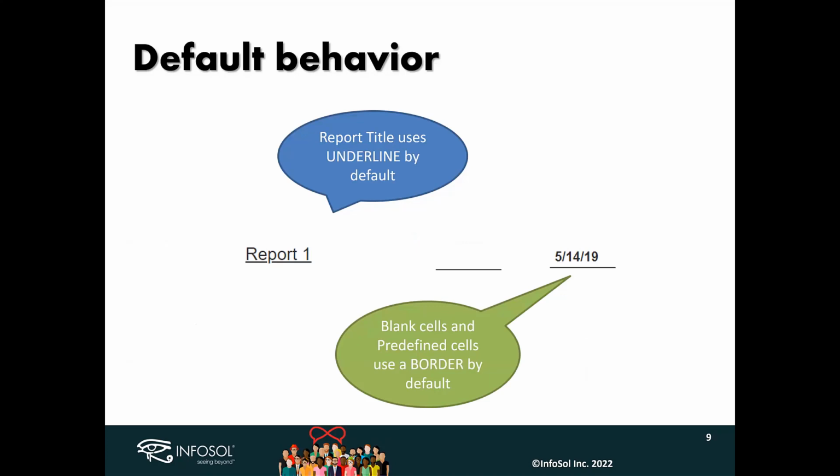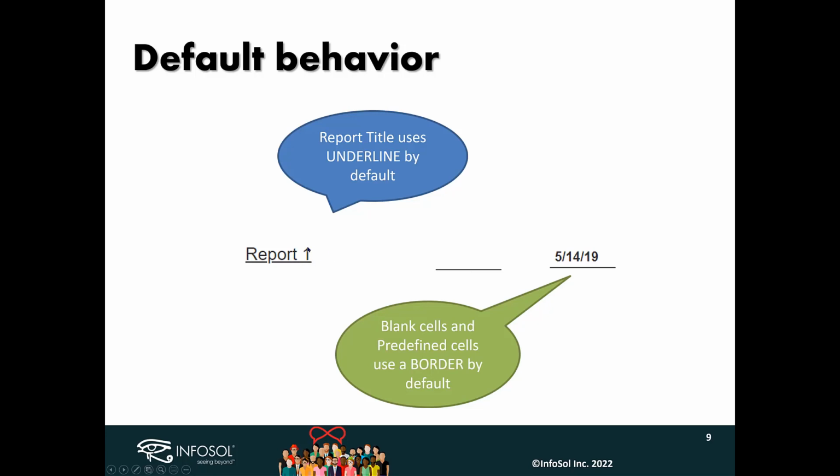All right, another good thing to be aware of is knowing the default behavior of certain things in Web Intelligence. For example, your report title, these cells all look the same, like they have an underline. Actually, the report title is an underline, and your blank cell or your predefined cells are actually borders.